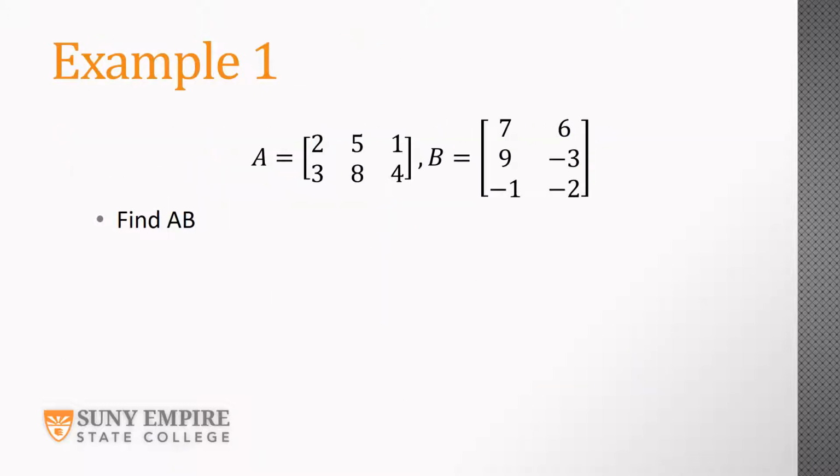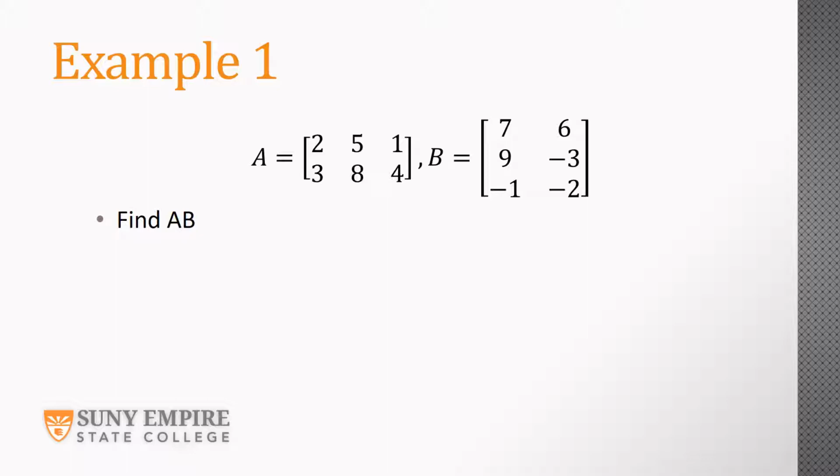Suppose we have matrix A equal to 2, 5, and 1, then 3, 8, and 4, and matrix B equal to 7 and 6, then 9 and negative 3, then negative 1 and negative 2.